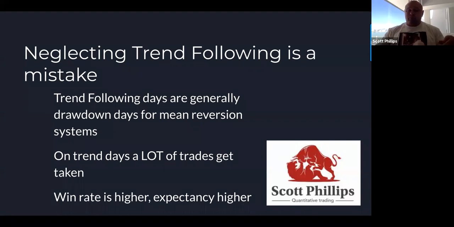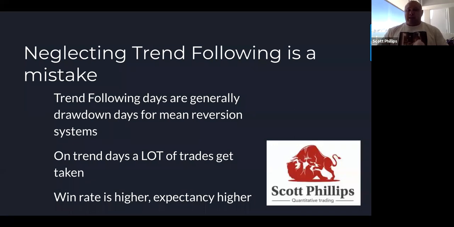That's just logical. But there's a problem in that on trend days, a lot of trades get taken. So for a normal mean reversion system, you might take 3 or 4 trades a day on a normal choppy average day, and on a trend day, you might take 7 or 8 trades.